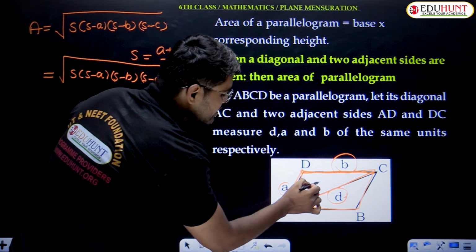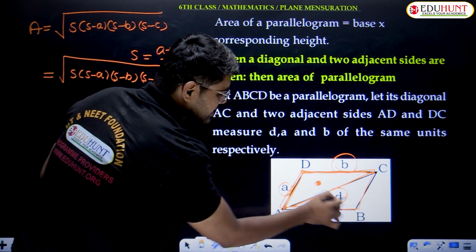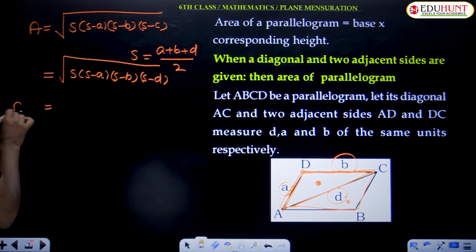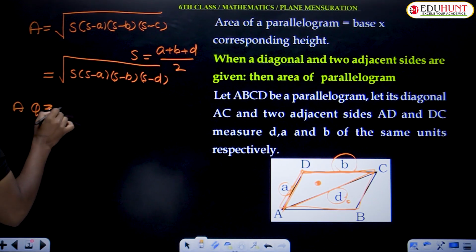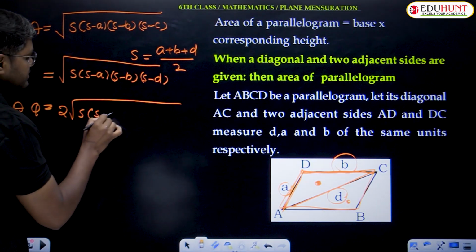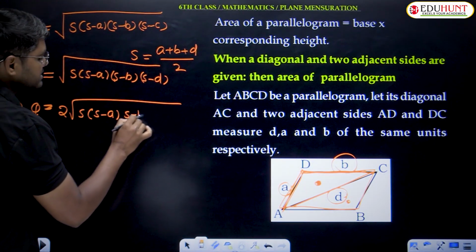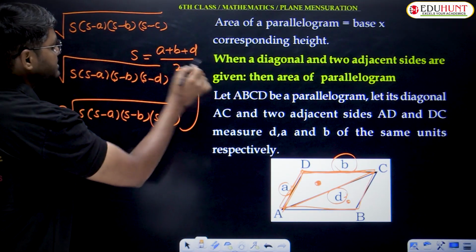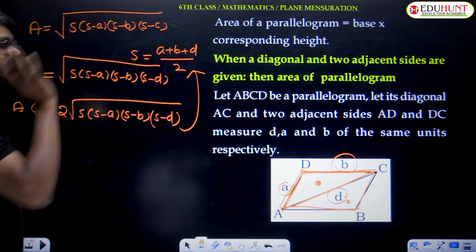Here two equal triangles are there. This is one triangle and this is another triangle. So I can take area of this quadrilateral equal to 2 into square root S into S minus A into S minus B into S minus D, where S is semi-perimeter A plus B plus D by 2.